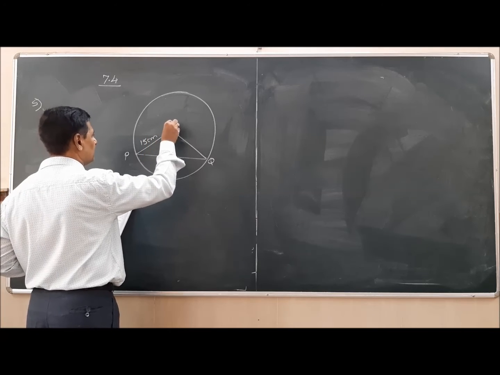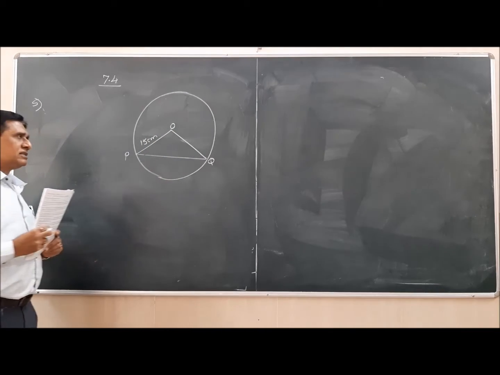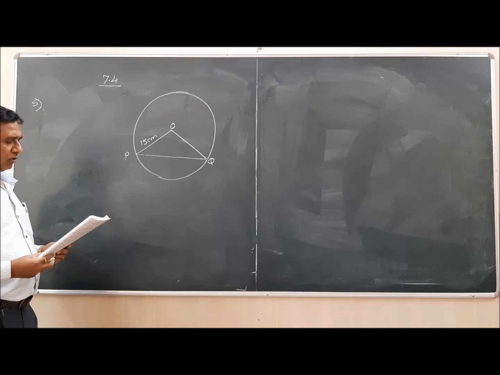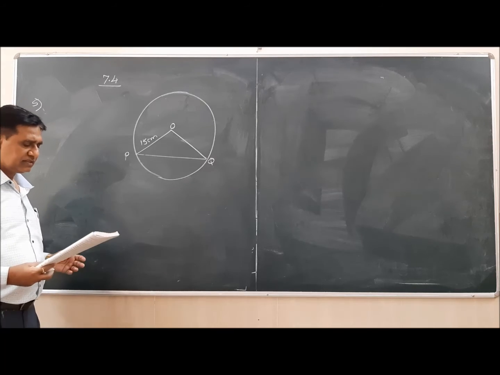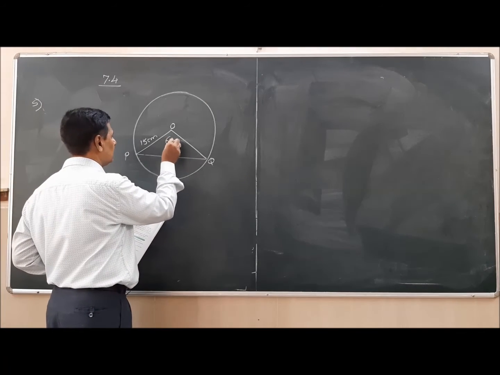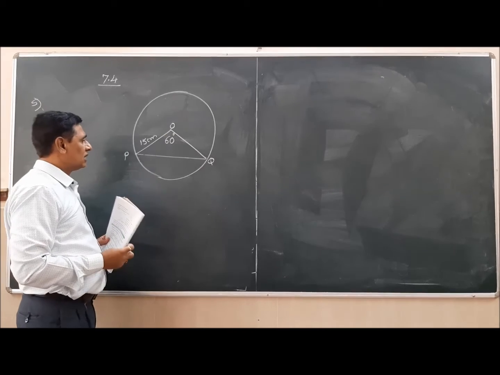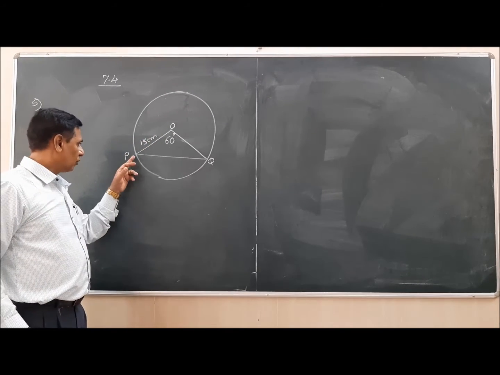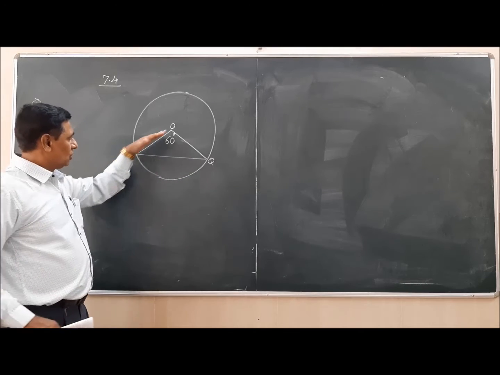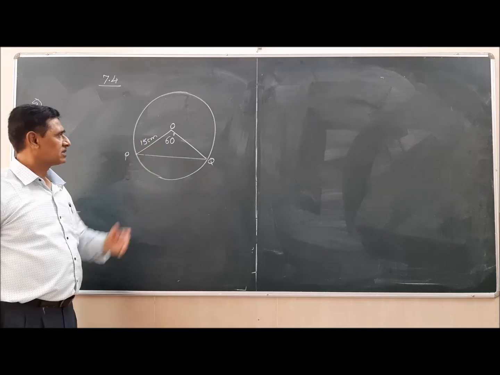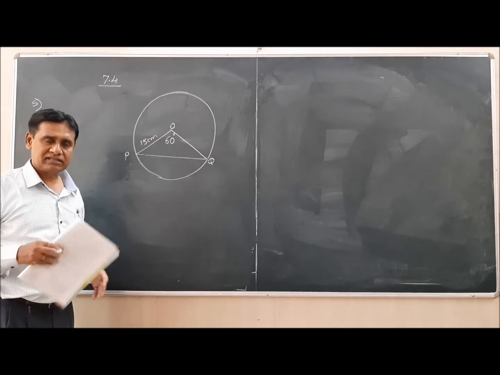Supposing I take the center as O, the chord PQ of a circle with radius 15 centimeters subtends an angle of 60 degrees. Here you will notice the angle formed at the center with the end points of the chord P and Q. If I draw PO and QO, they intersect at O and I get the angle 60.